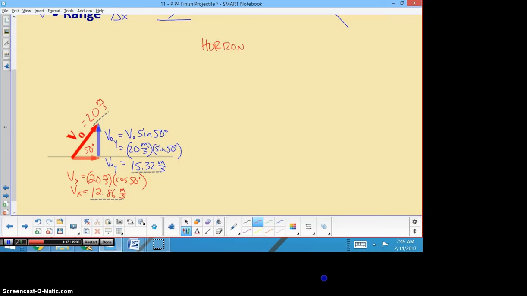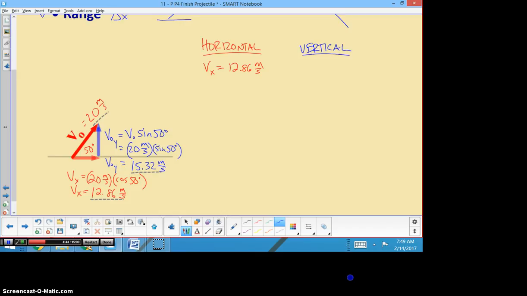So let's begin with thinking about the horizontal. What do we know about the horizontal motion? Well, all we know really right now is that Vx equals 12.86 meters each second. We don't know how long it's in the air, and we don't know how far it goes. So it looks like we need to look over at the vertical motion and see what we can explore from this.